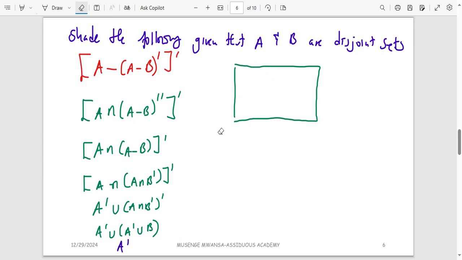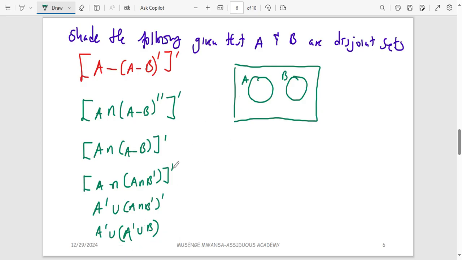Why? Because they are disjoint sets. What are disjoint sets? These are sets which don't have an intersection. Therefore, the simplification is going to be different. So disjoint sets in a Venn diagram look like this. This is A, this is B. They don't intersect. Therefore, now we can shade.